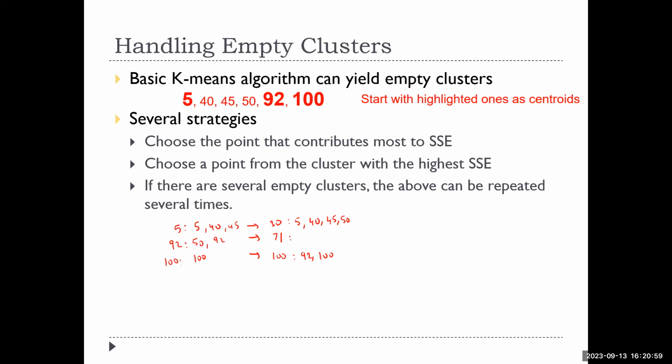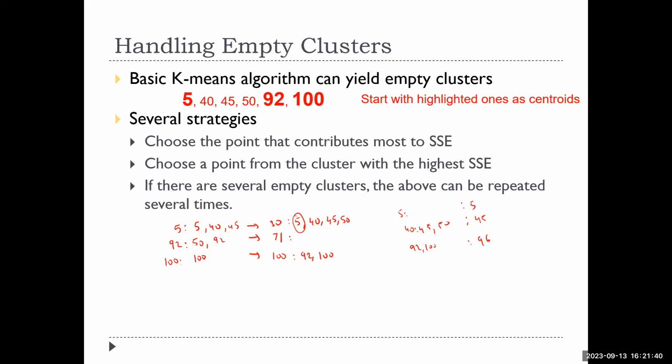For example, in this case, 5 is the farthest, at 25. I am going to separate it, so I'm going to have new clusters for 40, 45, 50, and 92, 100. Then I reassign and find the new centers.